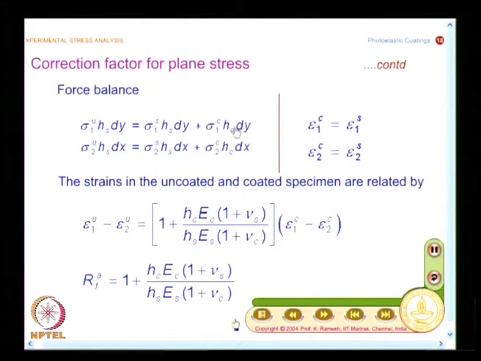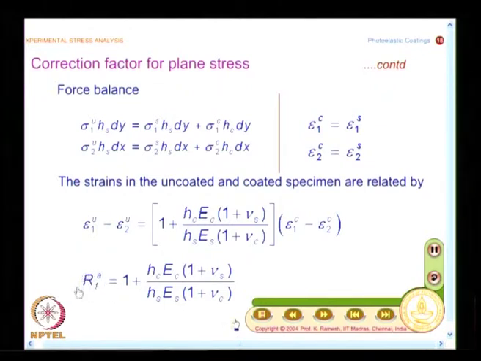This is easily obtainable from this set of force balance equations, and by making the strains equal, I can write this expression, and I call this factor 1 plus Hc by Hs, Ec by Es, into 1 plus nu s by 1 plus nu c, a reinforcement factor. You will see a superscript coming here.